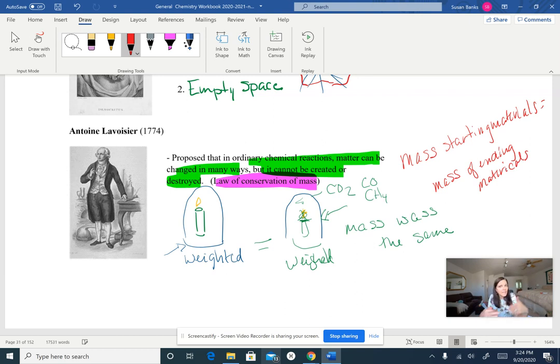We cannot create or destroy mass or matter. So whatever mass we start with is going to be the mass that we end up with. We may have a chemical reaction or two going on and change the material and the combination of atoms, but the same types of atoms and the same number of atoms are going to still be there. They're just going to be rearranged. Okay, so that was a very important experiment that Antoine Lavoisier did from France.